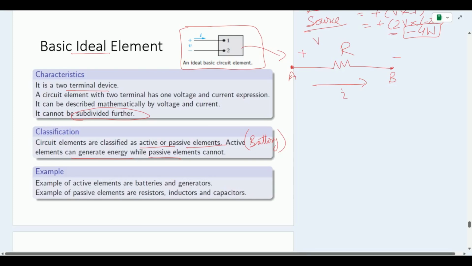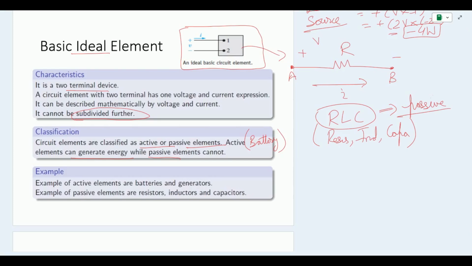Passive elements are normally RLC: resistor, inductor, and capacitor. So we call RLC passive elements because they don't generate energy, but they support an electrical system. They allow the current to pass through them or voltage to appear across them. And these are the examples of active and passive elements.